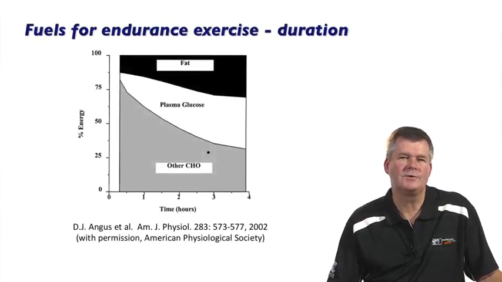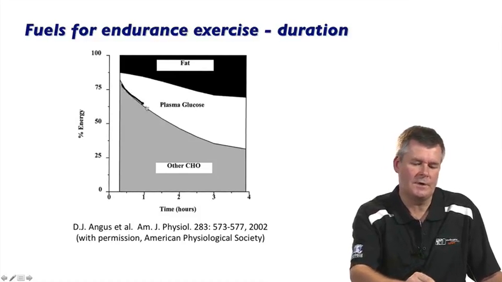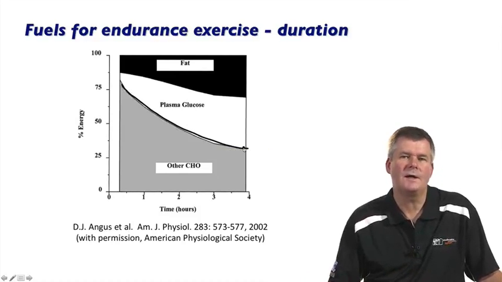If we look at exercise duration, and in this case, about 4 hours of exercise at about 70% of the maximal aerobic power in trained cyclists. And you can see at this intensity and at this duration, most of the energy is coming from carbohydrate. Over time, however, as the muscle glycogen levels go down, the reliance on the muscle glycogen stores decreases.